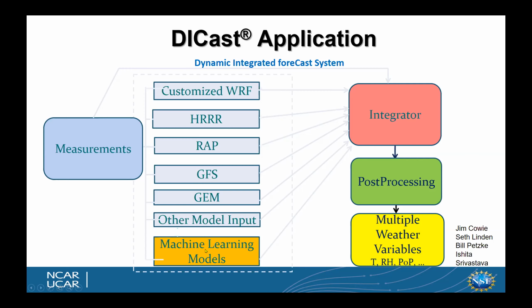And in recent years, we've been blending in very specific machine learning models. Now, each of these models has its biases, and we're able to apply model output statistics, very similar to the way Bob Glahn developed MOS back in the 70s, but now it's done dynamically on each of these models, optimizing the output for each of these models according to prediction time, lead time, time of day, etc., for the forecast variables that we care about, but using a host of other variables.